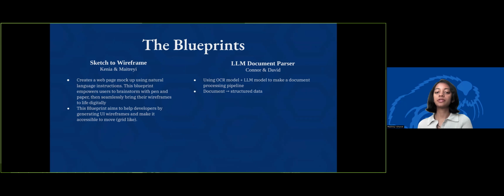So for our project, we split up into two teams to be able to build two blueprints. Me and Kenya worked on sketch to wireframe, while David and Connor worked on the optical character recognition blueprint. The sketch to wireframe blueprint aims to help developers, young developers, generate UI wireframes by putting in their hand-drawn sketches or a prompt, which would give out the code and a preview for the wireframe.